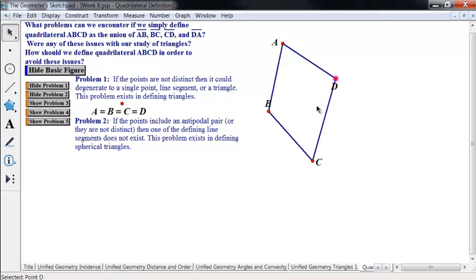Well, one of the problems we could have is if we had some of them in a line, then we could get maybe just a line segment, or maybe something that looks like this, or even just this, which is a triangle.